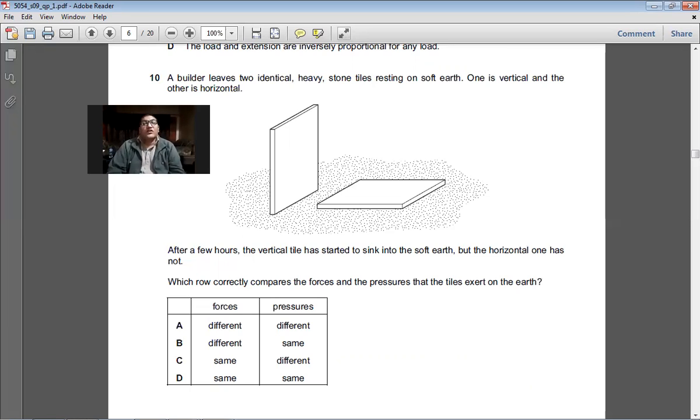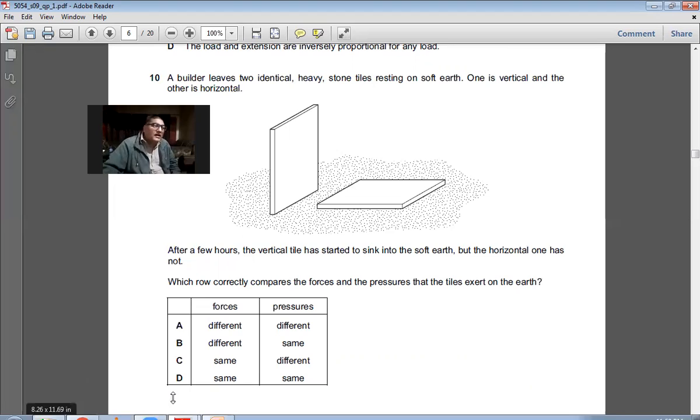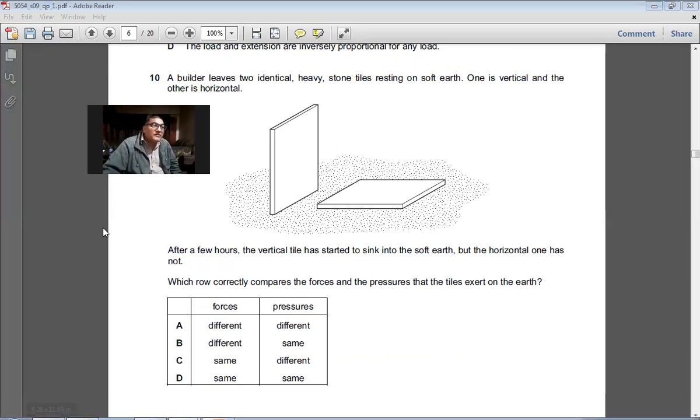Which row correctly compares the forces and the pressure that the tiles exert on the earth? They both are exerting their weight on the ground. So the forces are the same because they are identical. The force acting downward is their weight, and in both cases that weight is the same.